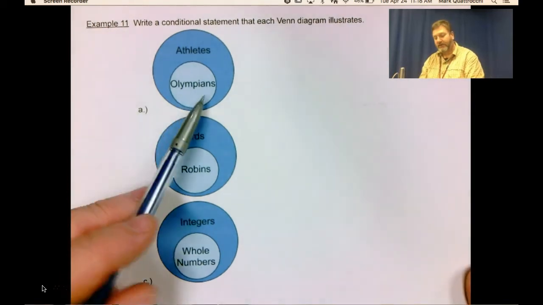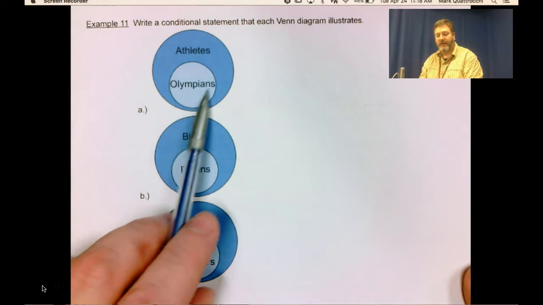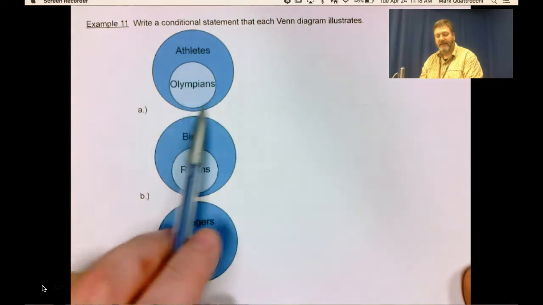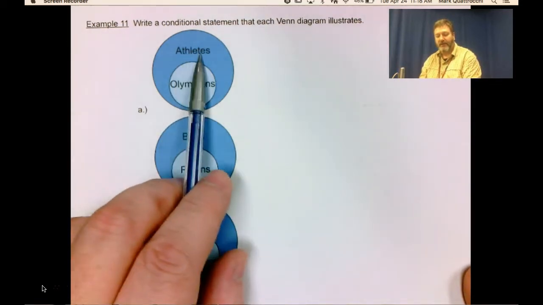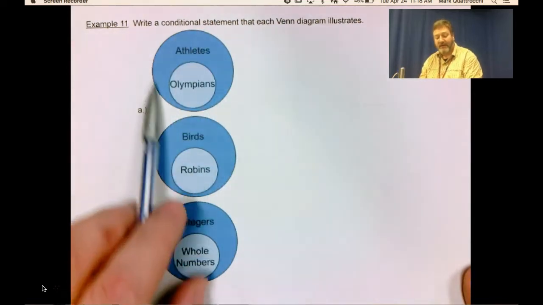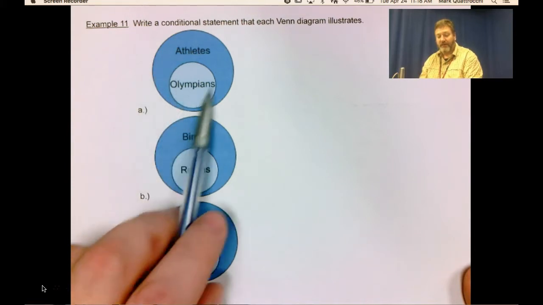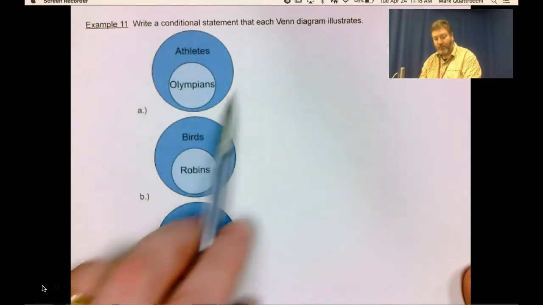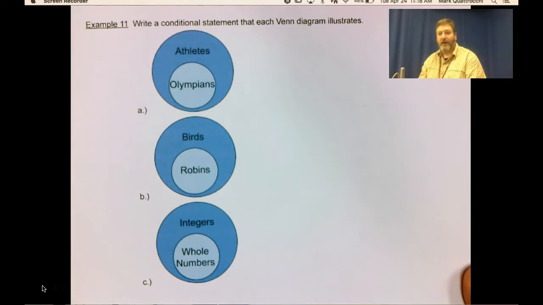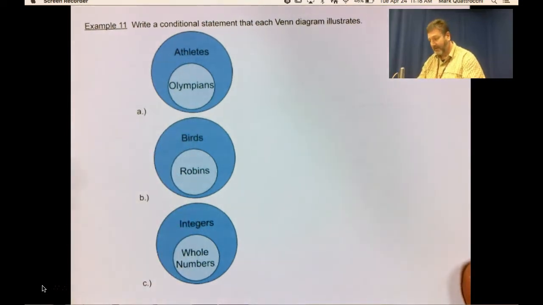Okay, so this first Venn diagram, how do Venn diagrams work? Well, everything that is named here is contained in this circle. Everything that's named here is contained in this circle. Well, this circle is completely contained within this particular circle. So everything that's here is also here. So how do we put that into words using Olympians and athletes?